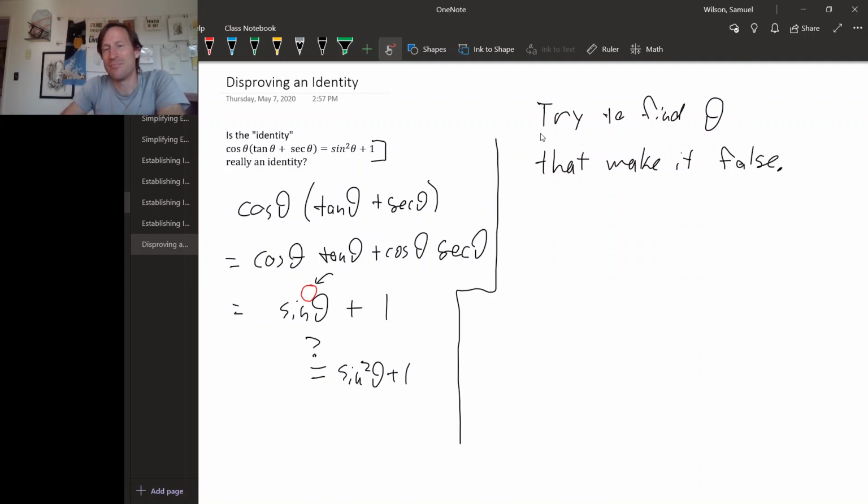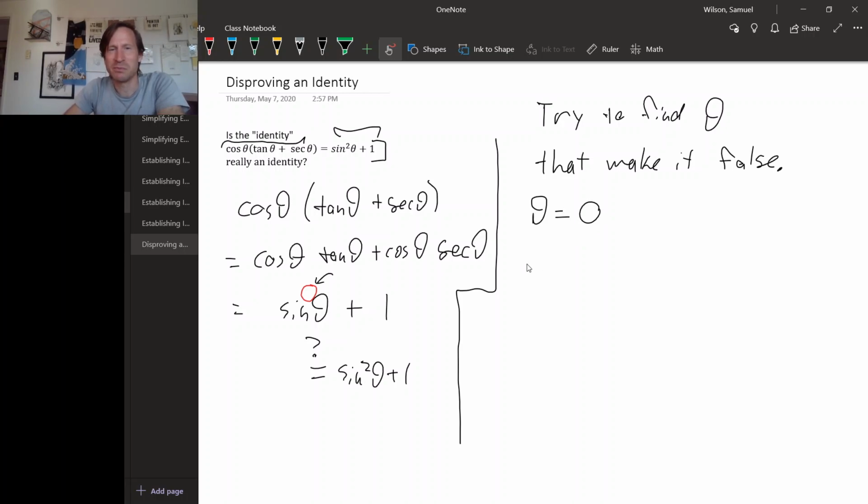So the nice thing about trig functions is if you have a supposed identity that's really false, you shouldn't have to try too many values of theta before you stumble onto one that works. If these two sides really are different instead of the same, most values of theta will make them be different instead of the same. So let's just pick some values of theta. You might start with 0.